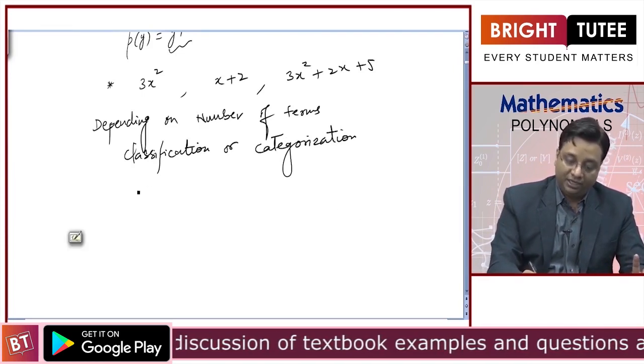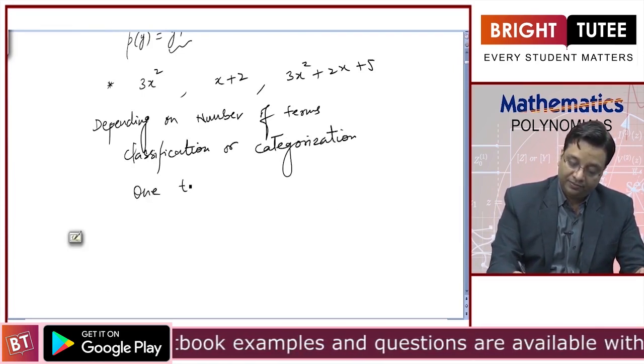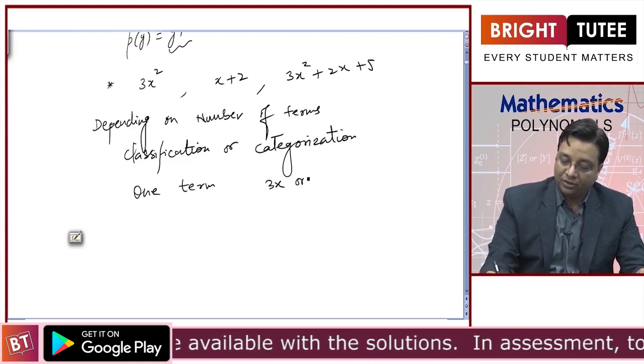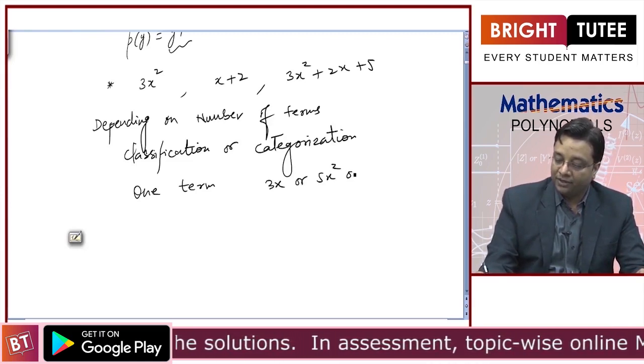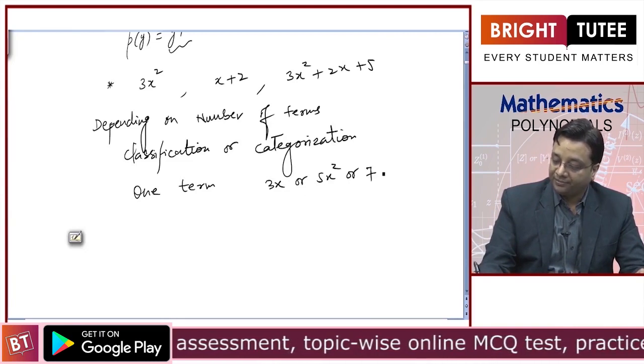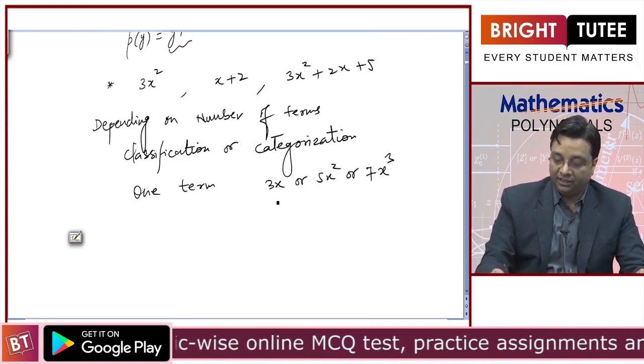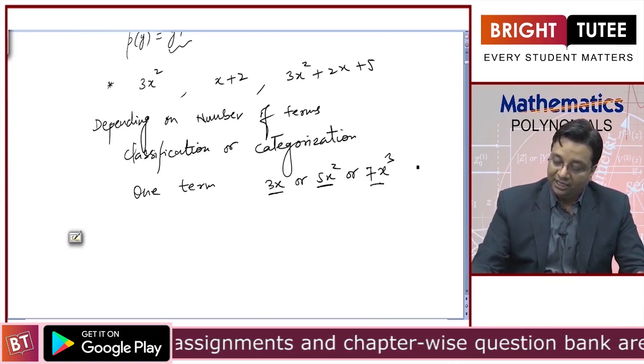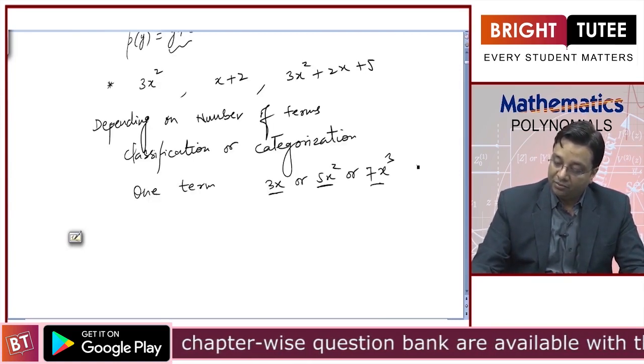If you have got only one term, for example 3x or let us say 5x square or 7x cube, these are only one term. So these kind of polynomials are known as monomials.